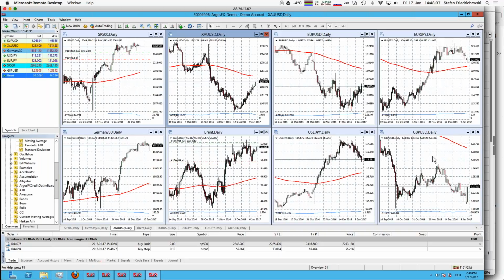The problem with the latest one here, British pound US dollar, is of course we have that ongoing Brexit discussion, but I think today's move is done. So now it's time to, let's say, recover.